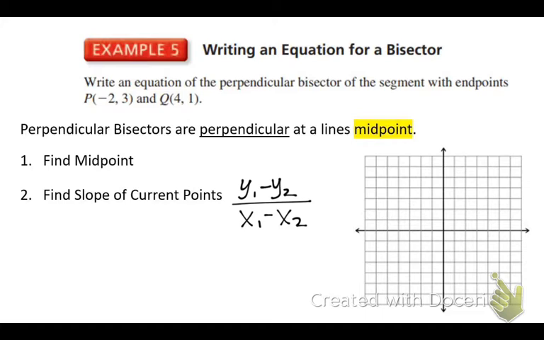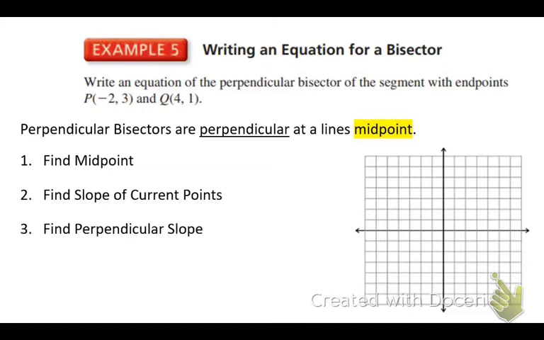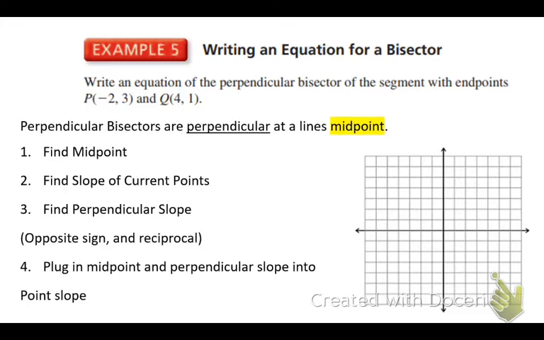How will the old slope help me? I can find the perpendicular slope. Okay, so the next step would be find the perpendicular slope. And what do we know about perpendicular slopes? She just said them. They're opposite reciprocals. Okay, opposite sign and the reciprocal.